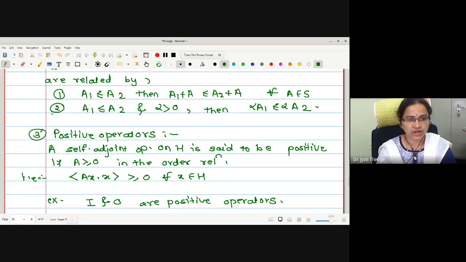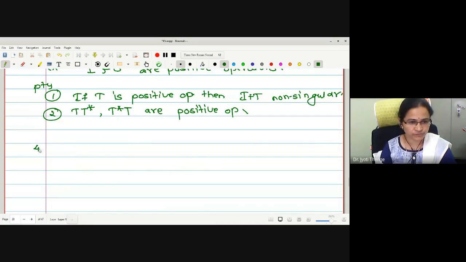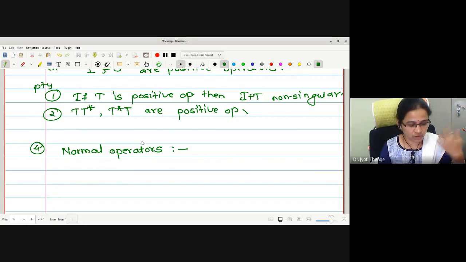Let me go for the next, the fourth definition. The fourth definition is the normal operator. What is the condition for a normal operator? An operator is said to be normal if it commutes with its adjoint. Let me write.